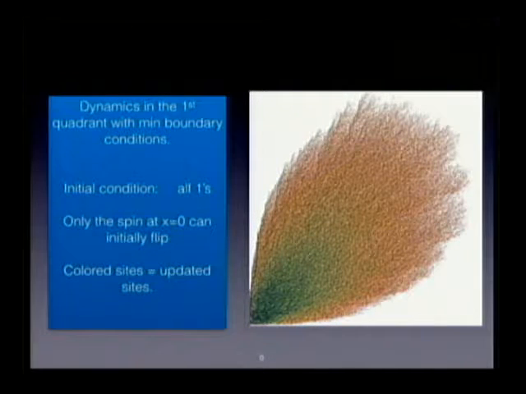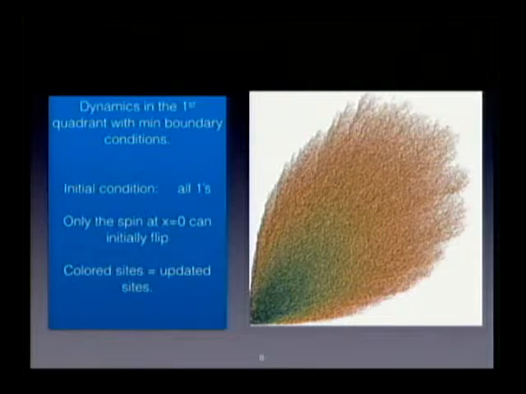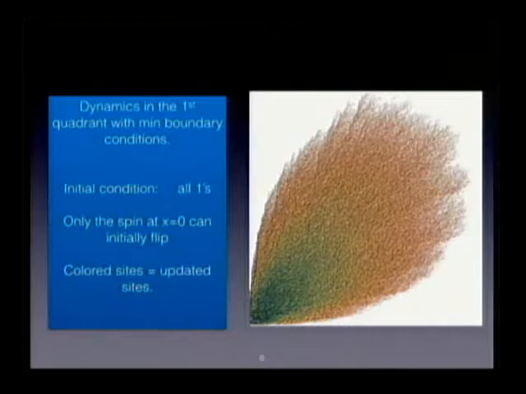So I'll try to explain this picture that for us remains a challenge. This is the positive quadrant, and this is a simulation done like that. So there are minimal boundary conditions. The origin, this vertex here, is the only vertex that is unconstrained, so it's free to flip just by tossing a coin.